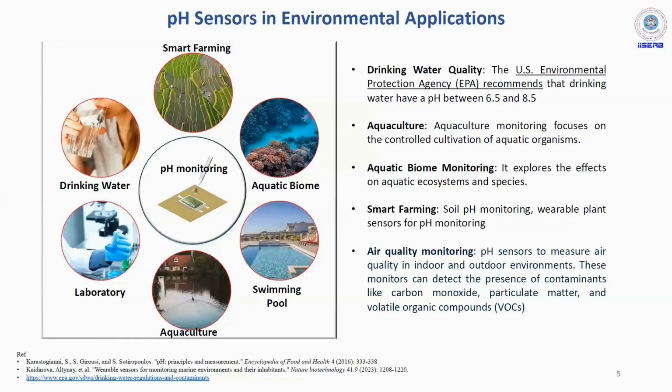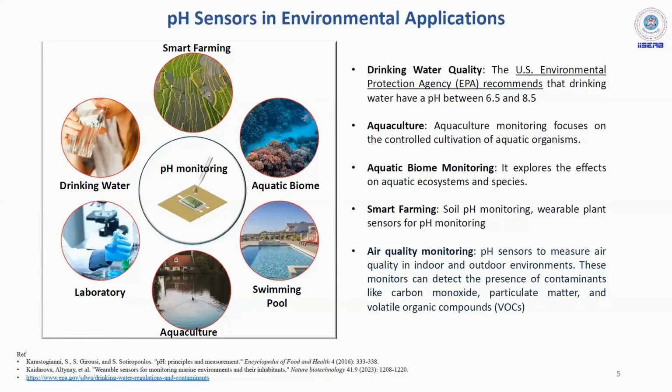So why pH sensing? pH sensing is very important as far as environment monitoring is concerned. Just by sensing the pH of water, you can check the potability of water, whether it is drinkable or not. In agriculture and aquaculture, pH sensing is very important because aquatic animals survive in a particular pH.